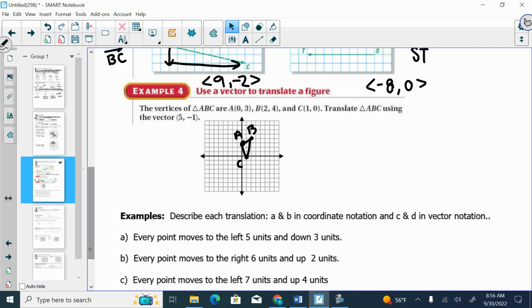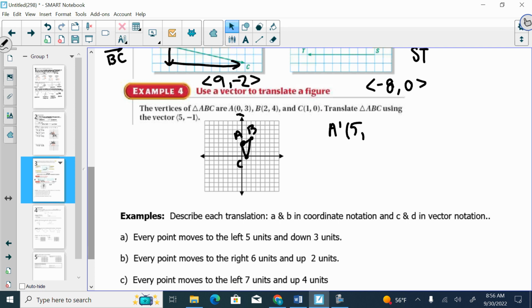To the right, 5. Okay, so if A was at 0, A prime is going to be at 5. Okay, so A's x value was at 0. We said we moved 5 to the right. Okay, the y value was 3, and our vector says our vertical component is -1. So where is the y value now?